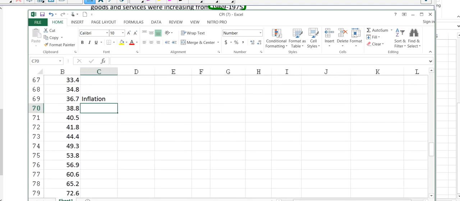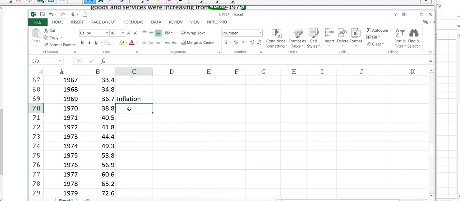So we would start with our equals. Inflation for 1970 is going to be the CPI for 1970 minus the CPI for 1969, so new minus old in parentheses, divided by old. That's the new year minus the old year divided by the old year.